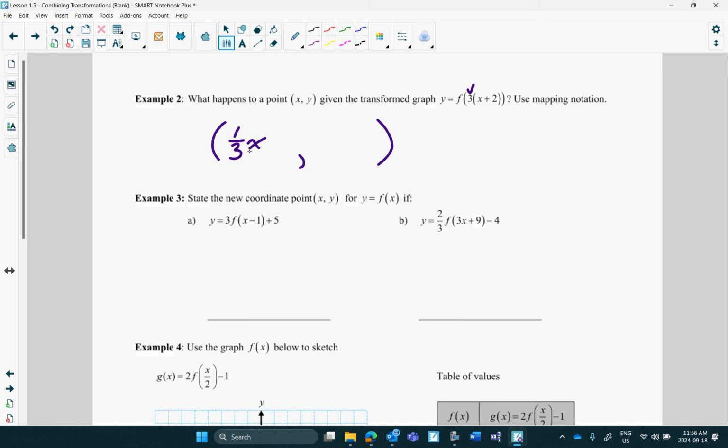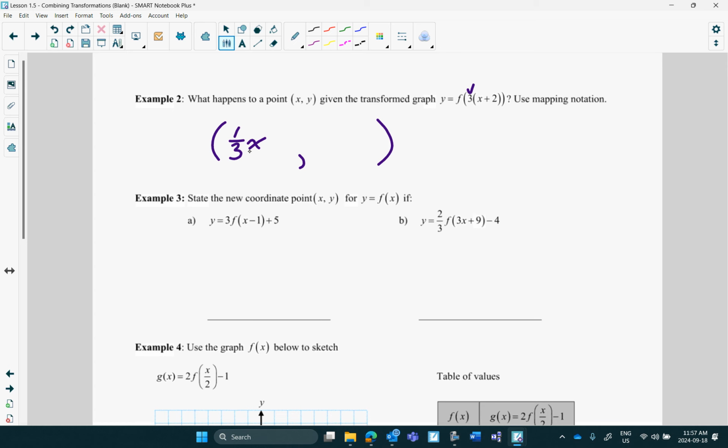You just have to do that. So you described it in words. You said horizontal stretch of a factor of 1/3, which means multiply the X by a third.